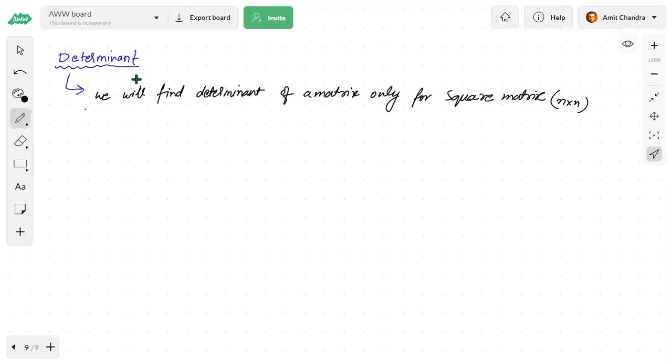Only for a square matrix we can find a determinant, not for any other kind of matrix. Whatever the square matrix is, we can find its determinant. Second, the determinant is a scalar value. That means it's a constant.